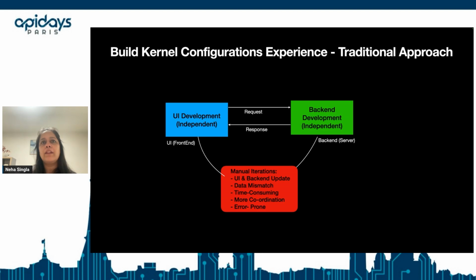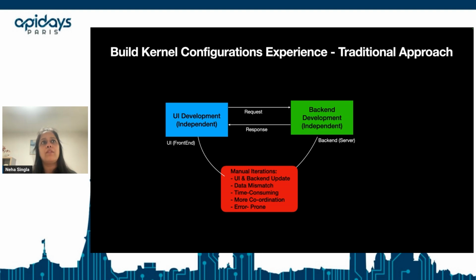So let's see what it is like building the configuration experience in the traditional approach. As you see in the diagram here, UI development is done independently, and the backend engineer is doing their development independently. Now, during runtime, if you have to make a change, a lot of things are needed. It's a two-step process without JSON schema.